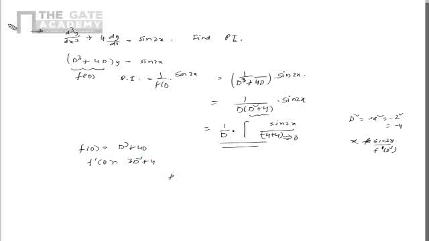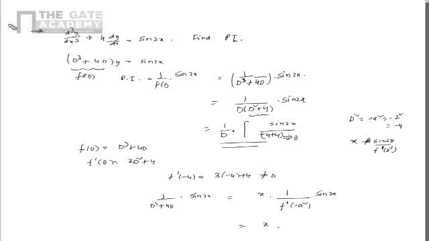And now if you substitute minus 4 here, it will be 3 into minus 4 plus 4, this is not 0. So therefore the solution of 1 by D cube plus 4D into sine 2x will be x into 1 by f dash minus a square into sine 2x.